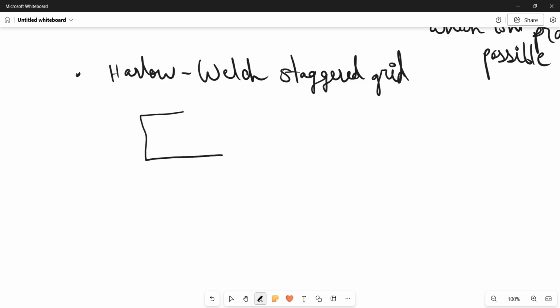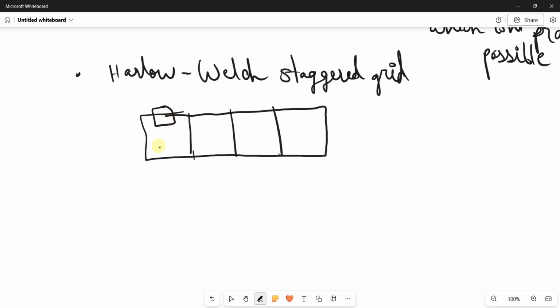Here now you are playing a different game. You have velocities stored at cell edges. These are just notations. I'll tell you once I complete it.